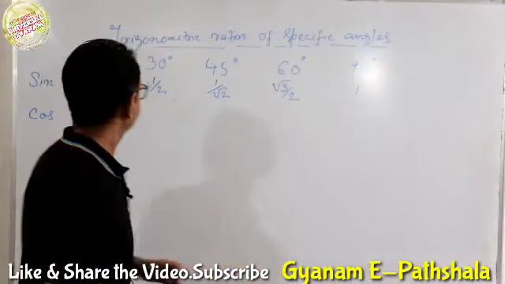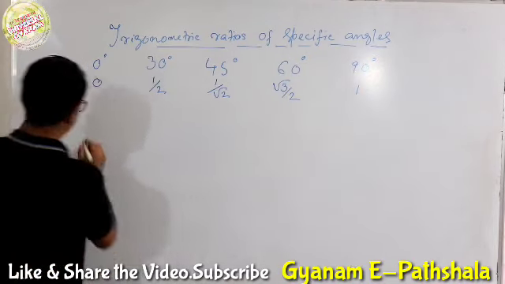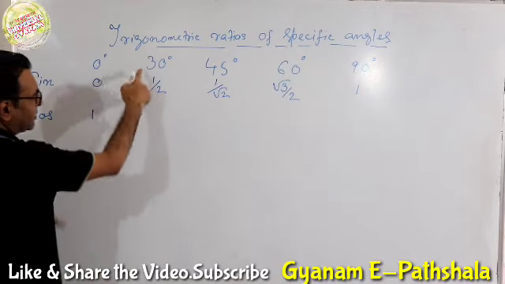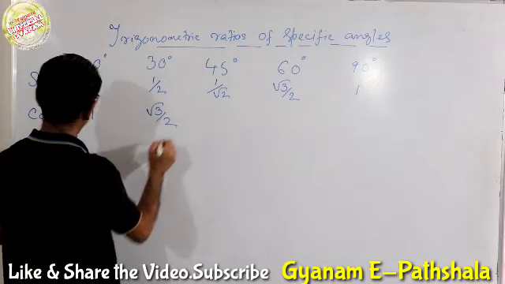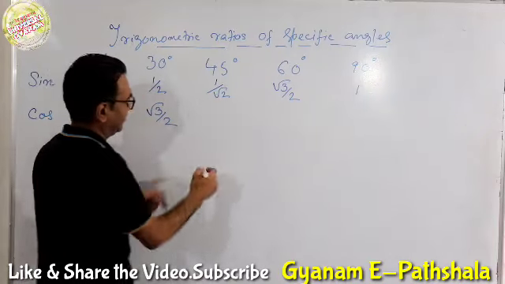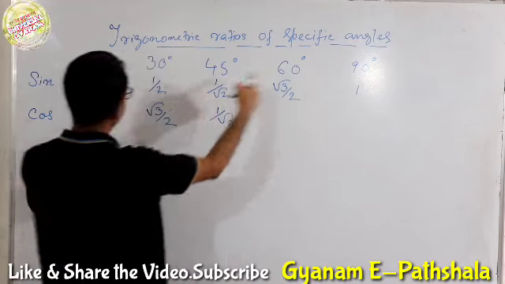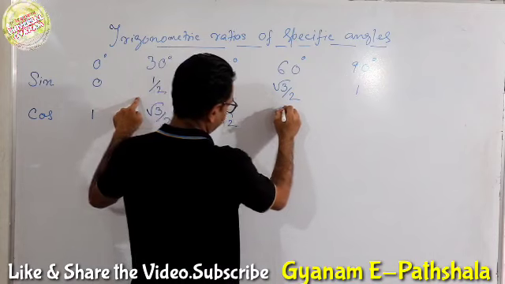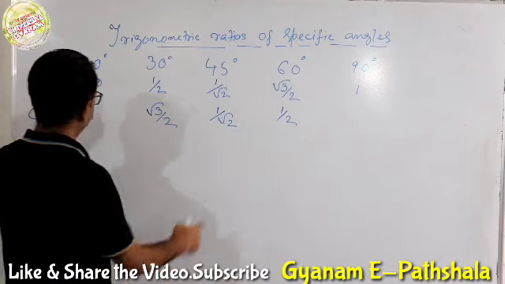The trick is this. Cos 0 is 1. Cos 30 is root 3 by 2. The reverse, okay? Cos 45 remains the same. It's in the middle, so it's 1 by root 2. Cos 60 is half. And cos 90 is 0.